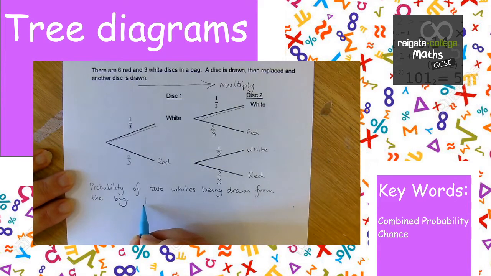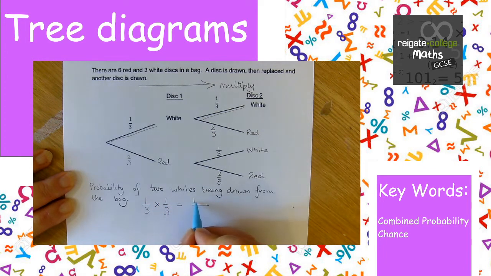So our first probability is 1/3, our second probability is 1/3, and we multiply them together to get the combined probability of 1/9.